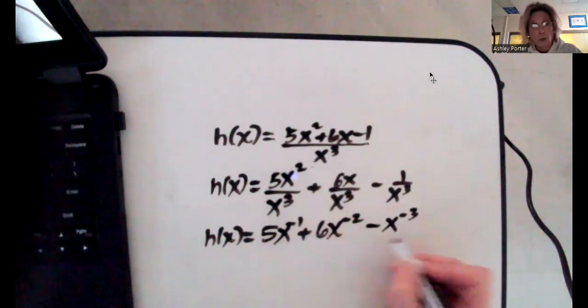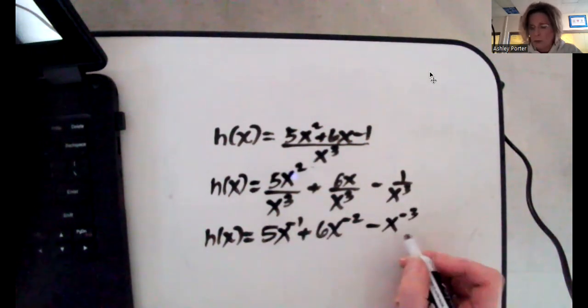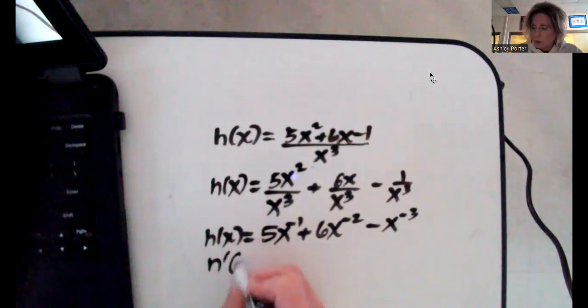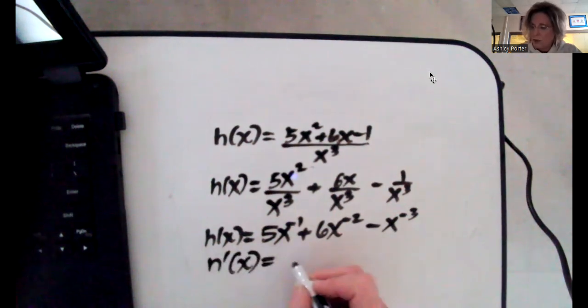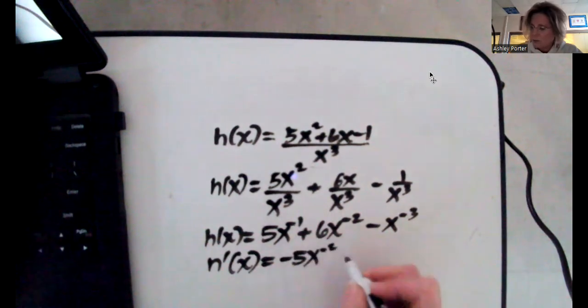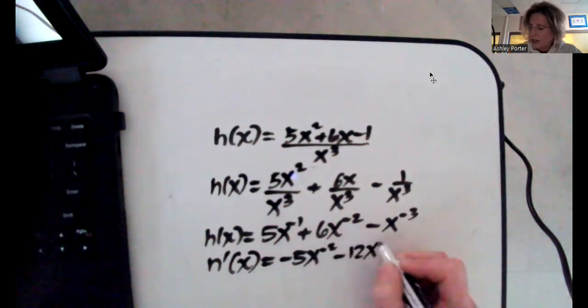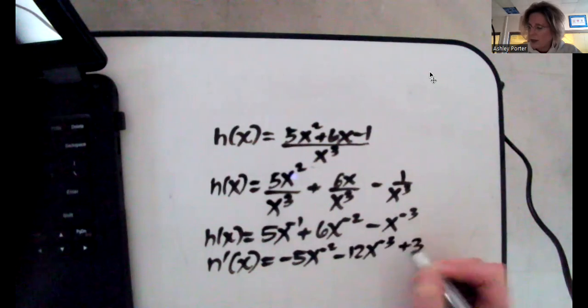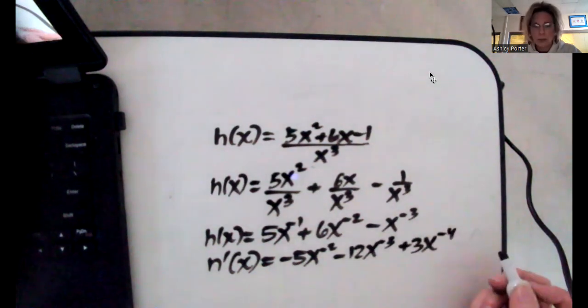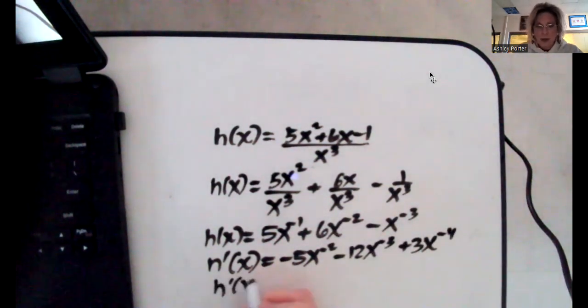So I've written it in derivative ready power rule format. Now I'm switching to power rule, taking the derivative. So negative 5x to the negative 2 minus 12x to the negative 3 plus 3x to the negative 4. Write your final answer without negative exponents.